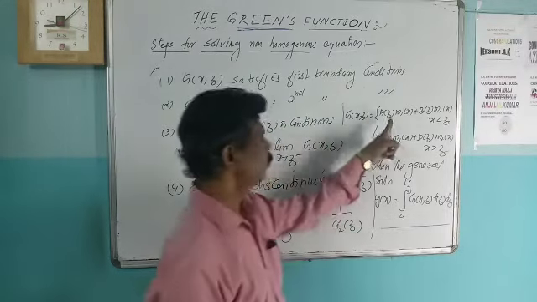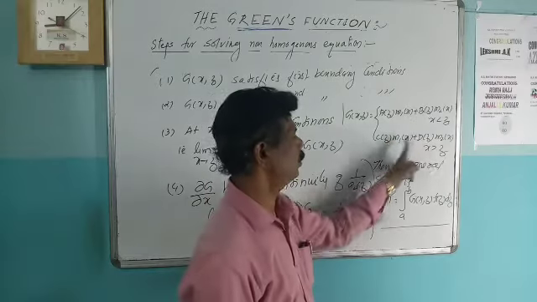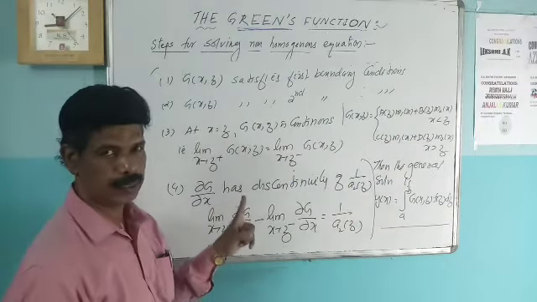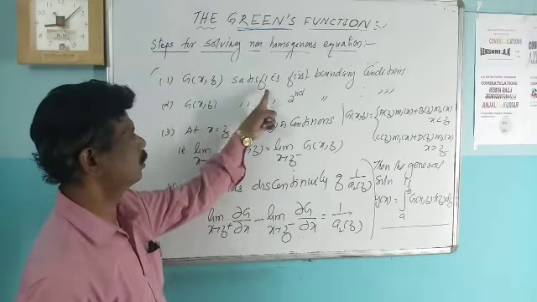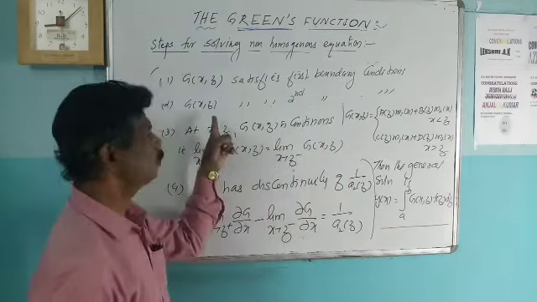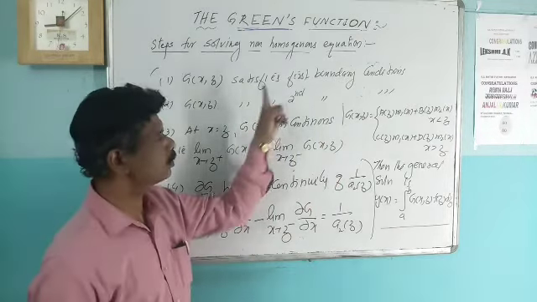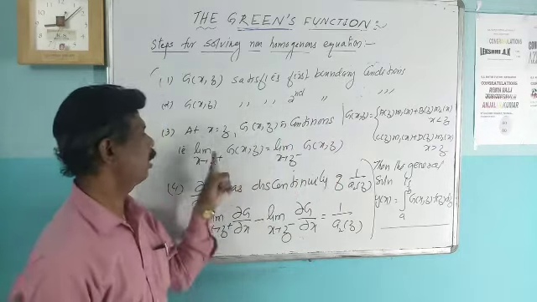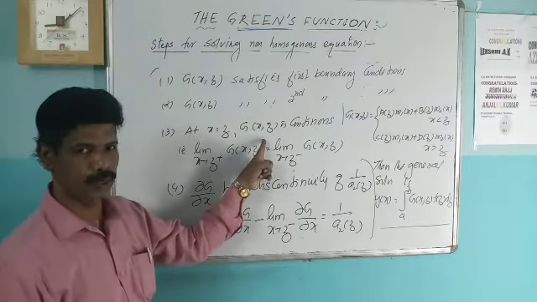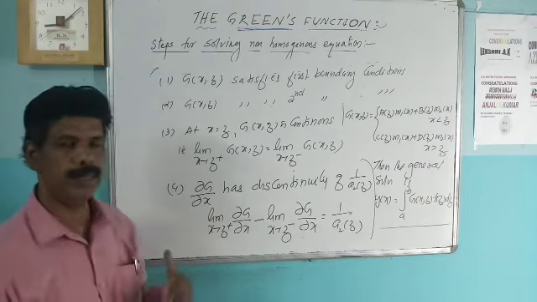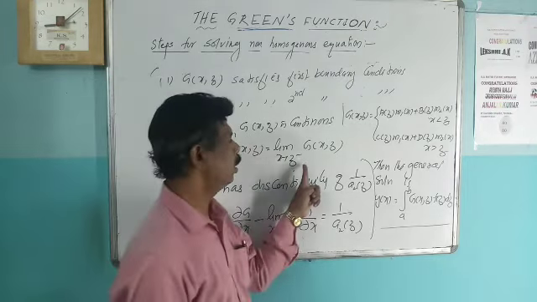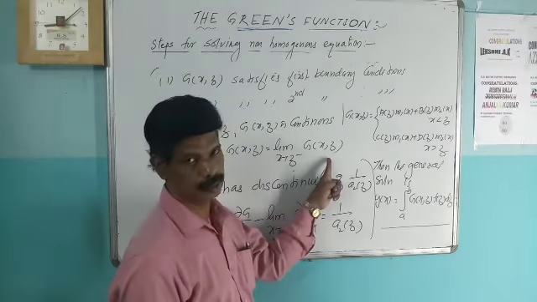Here, for determining a z, b z, c z, d z, you have to apply these four conditions. First, g of x z satisfies the first boundary condition. Second, g of x z satisfies the second boundary conditions. Next, at x equal to z, g of x z is continuous, that means limit x tends to z plus g of x z equals limit x tends to z minus g of x z.